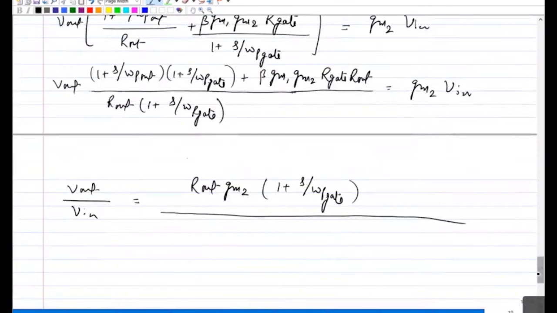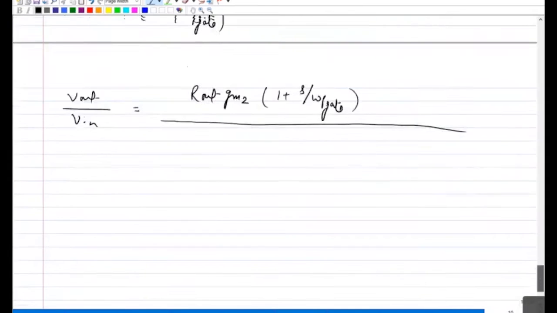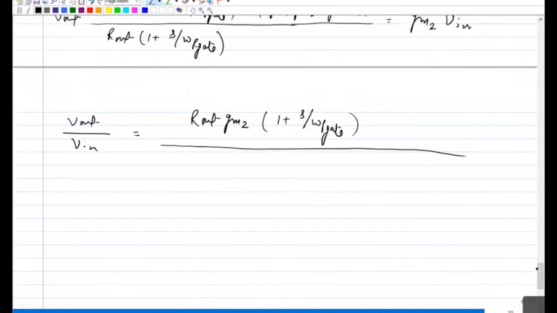Can we tell what is this? Beta and naught. Yeah, beta and naught, correct. So 1 plus S over omega P gate.